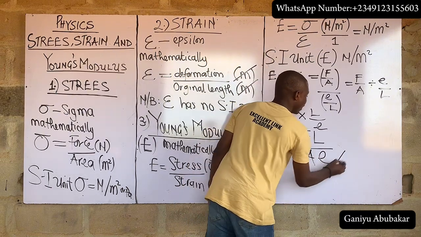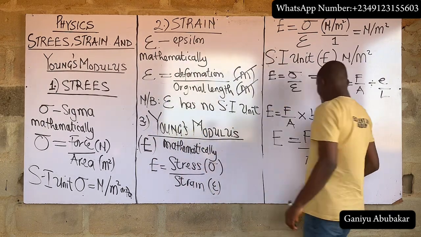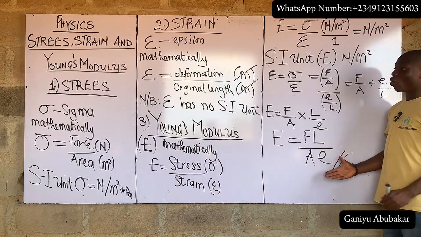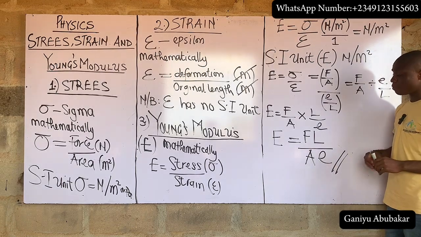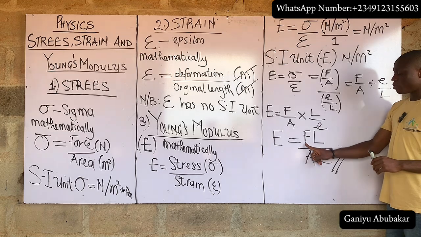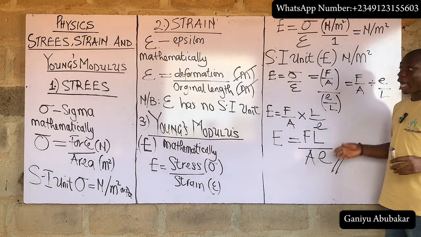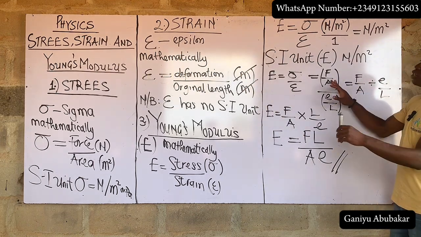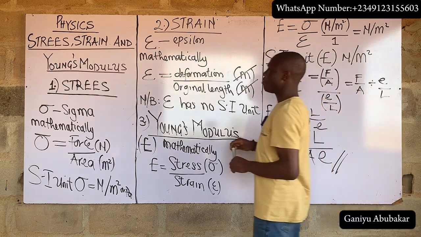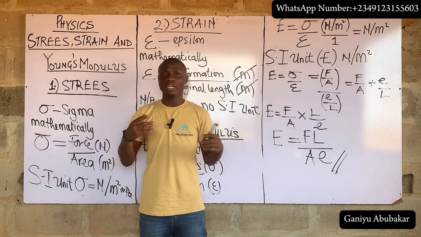So this becomes another mathematical expression for calculating Young's modulus: force times length all over area times extension, or perhaps deformation if you want to. With these few concepts here, let's look at several JAMB and WAEC past questions and let's see what we get.